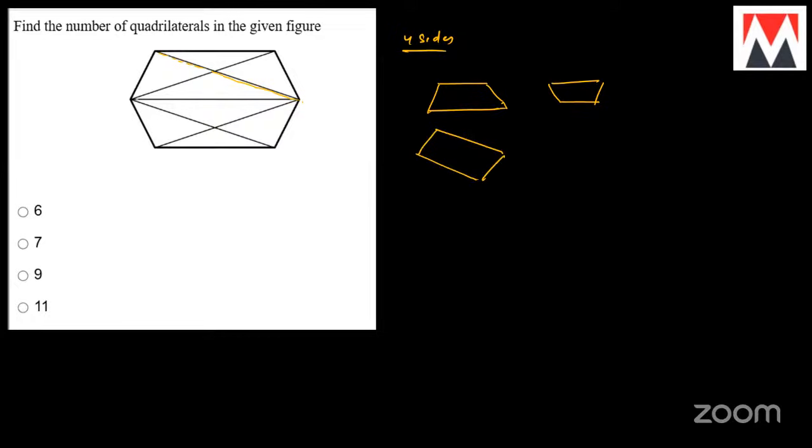Or you can consider this also as your quadrilateral. And this side also you have one more quadrilateral which is like this. Okay. So you have one more quadrilateral like this.